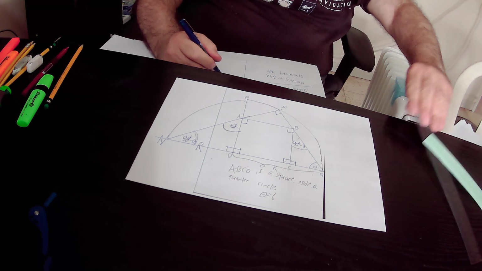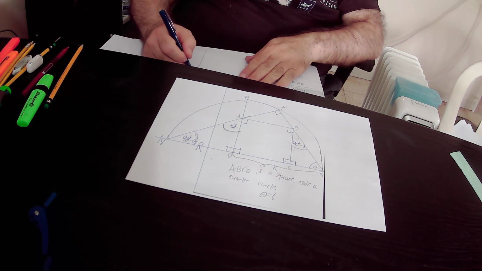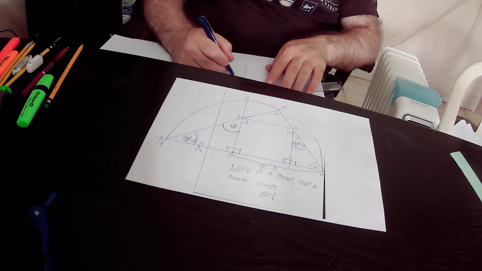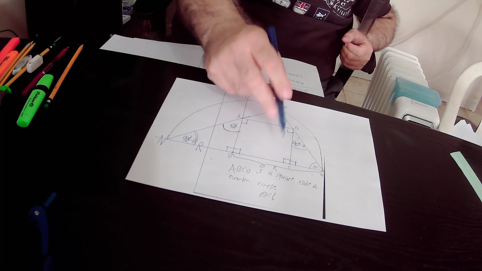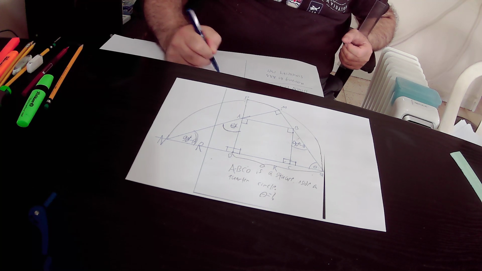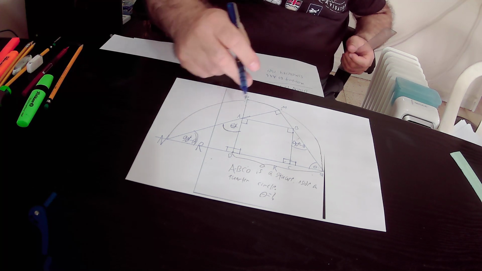That is to say, CQ is equal to OQ, that is capital R, minus OC.